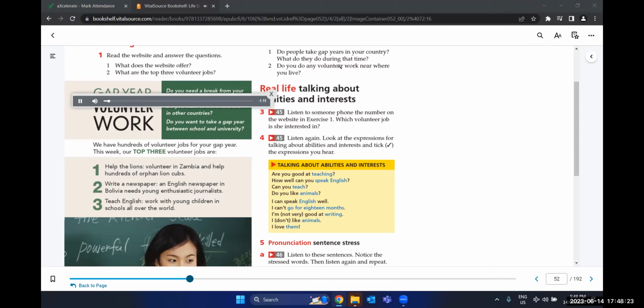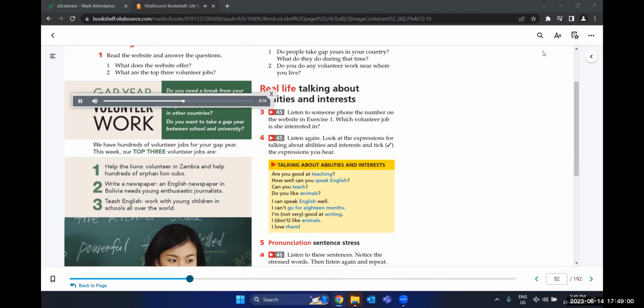Step 45, Unit 4D. Volunteer work. Yes, hello. Do you have any interesting volunteer jobs? Sure. We have a job for English teachers. Are you good at teaching? I don't know. I can speak English well, but what other jobs are there?